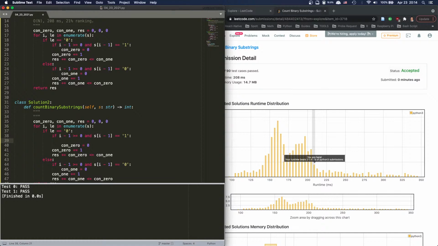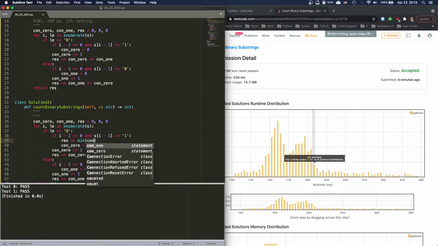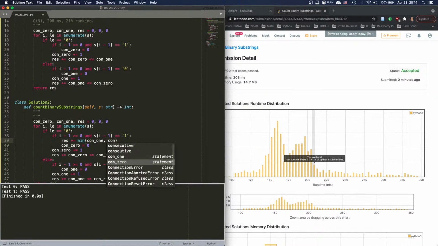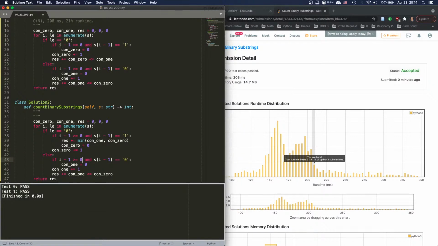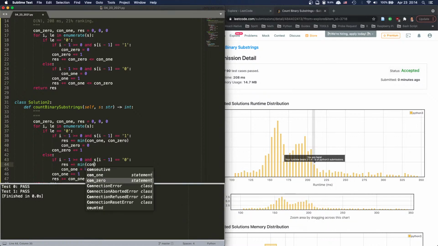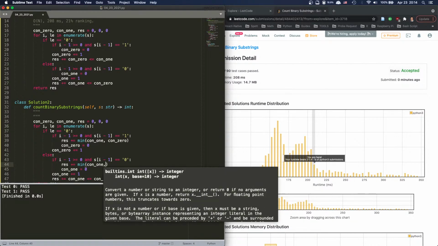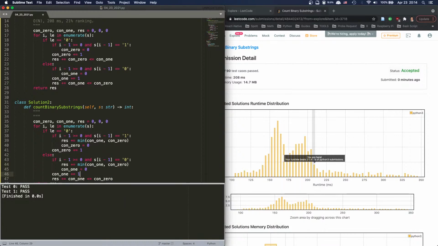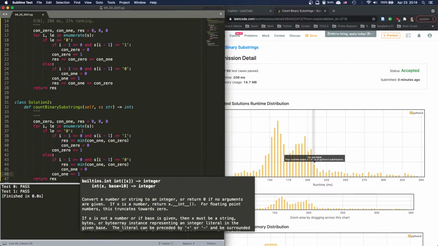So the previous 0 cannot be used again. So the rest plus equal to min of consecutive 1 and consecutive 0, right? And then we don't need to do this. And here is the same, rest plus equal to min of consecutive 1 and consecutive 0, and then we do this.